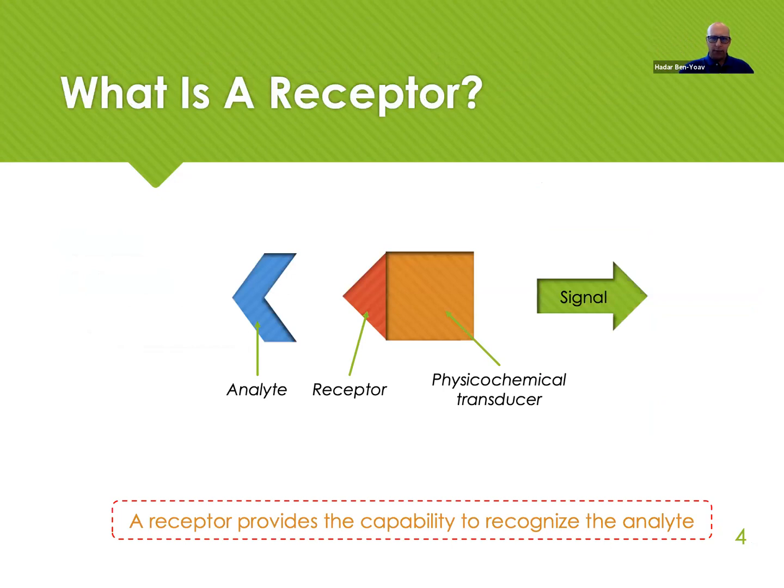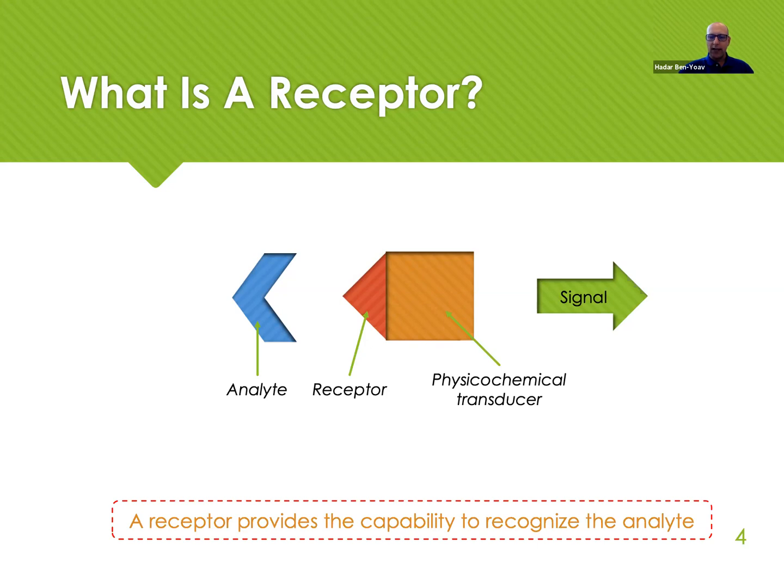What is a receptor? So far you have seen this kind of scheme multiple times. These are the 3 components, remember 3, not 4, components of the biosensor, of the sensor part. There is a receptor, a part that gives selectivity to the sensor.